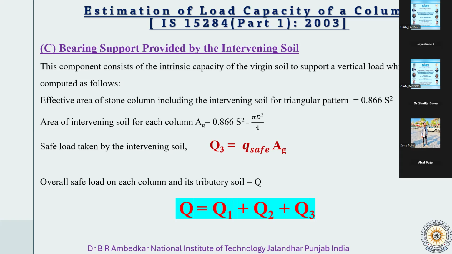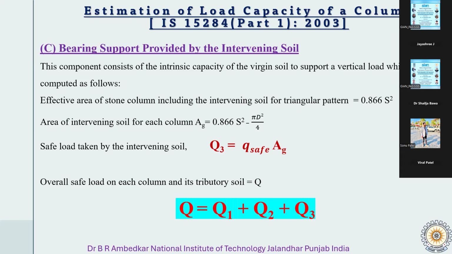For a triangular pattern, that is taken as 0.866 S square, and the area of intervening soil for each column AG is given by 0.866 S square minus pi D square by 4, and the safe load then taken by the intervening soil Q3 is Q safe into AG. Overall safe load on each column and its tributary soil is total Q. Q is the sum of Q1, Q2, and Q3.